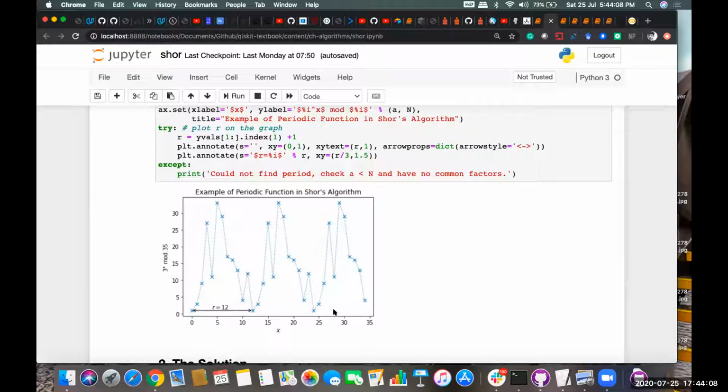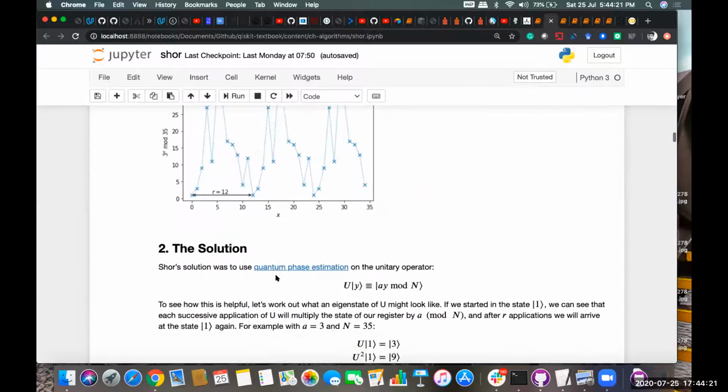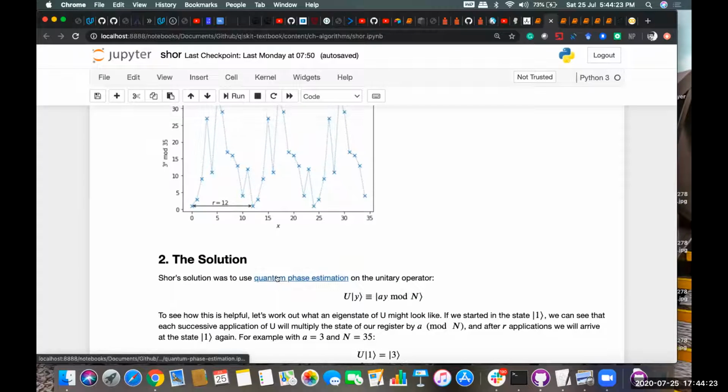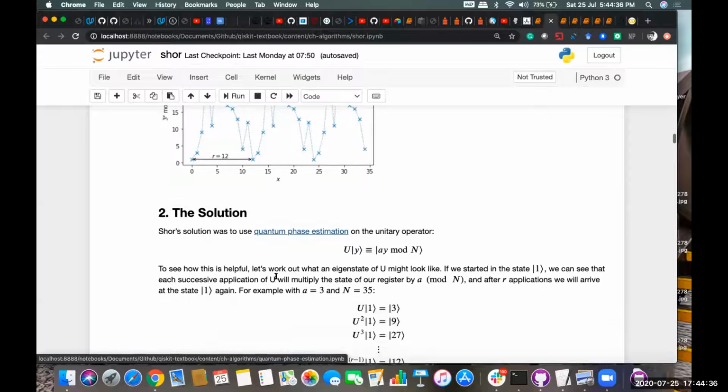For normal wave functions, it is easier to calculate. But when these wave functions are very complex, then the computation becomes very expensive, for which we are using quantum phase estimation for finding the value of period r, which will help in factorizing the number. Okay.